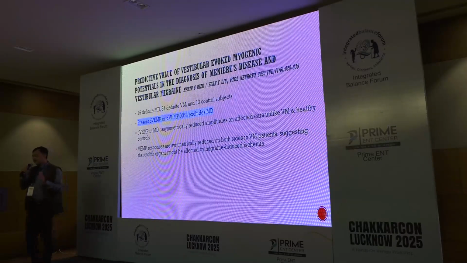CWEMP in Meniere's disease showed asymmetrically reduced amplitudes on the affected ear, because usually only one ear is involved, unlike vestibular migraine as well as healthy controls. WEMP response was symmetrically reduced on both sides in vestibular migraine patients, suggesting that otolith organs might be affected by the migraine-induced ischemia.